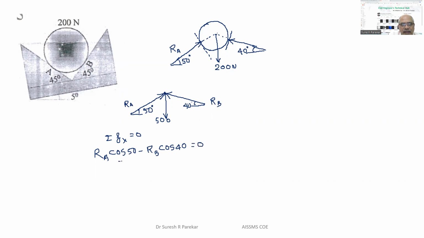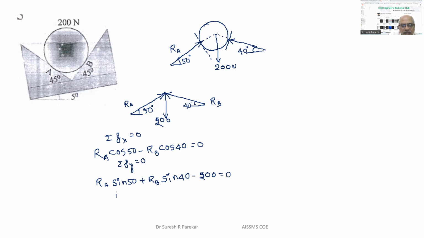Then we have another equation, summation Fy equal to 0, which will be RA sin 50 plus RB sin 40 minus 200, sorry, minus 200, equal to 0.